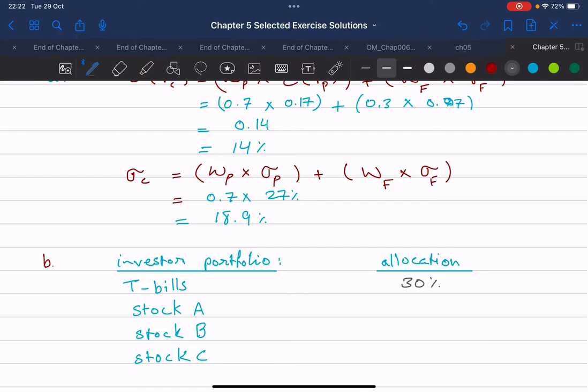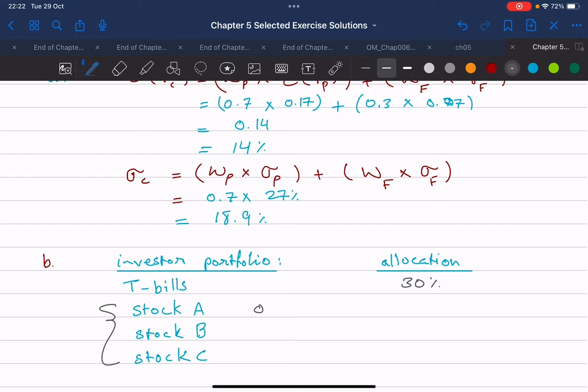Right? All we need to do now is figure out what would be the proportion allocated to each of the three stocks. Right? Now, knowing that the investor is allocating 70% of his portfolio to the fund that contains these three stocks, that means we can figure out their allocation in the investor's portfolio by multiplying the 70% rate by the weight that each stock represents in the risky fund.